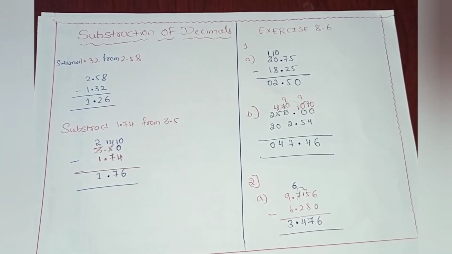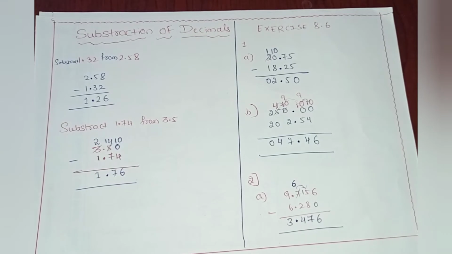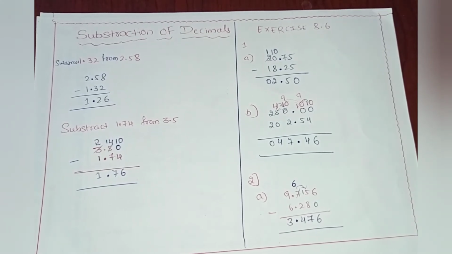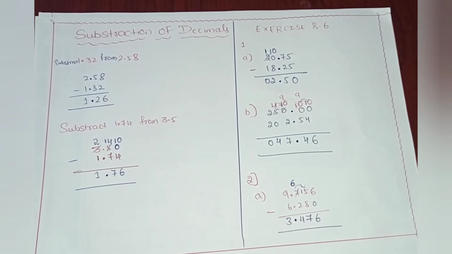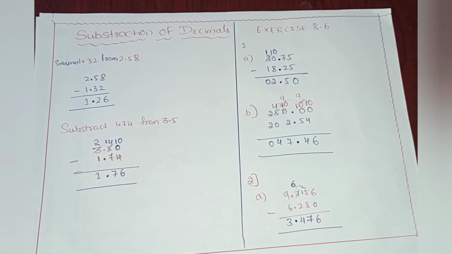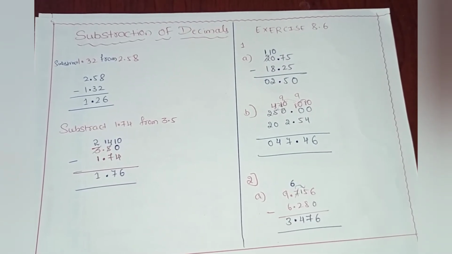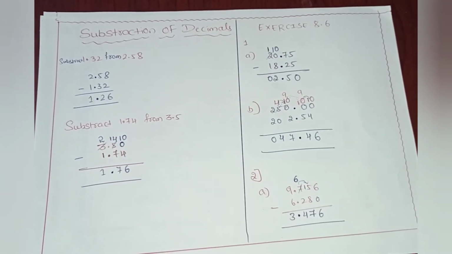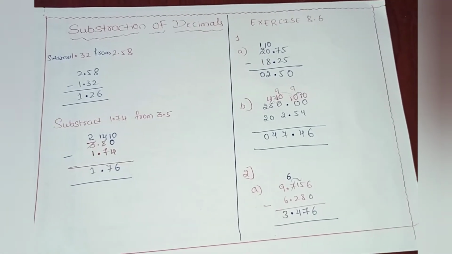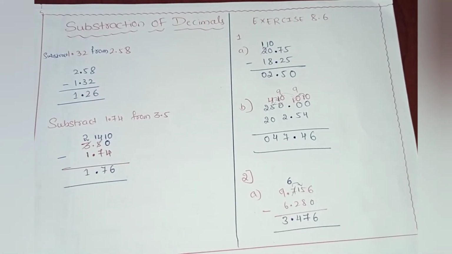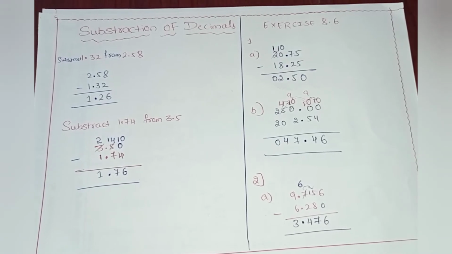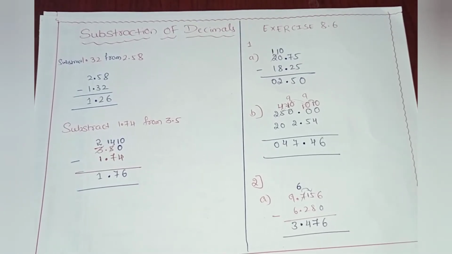After that, how to convert millimeter to centimeter? We divide by 10, or we multiply by 1 by 10, or 0.1. 1 by 10 is nothing but 0.1, right, children? Next one, how to represent a decimal number on a number line.